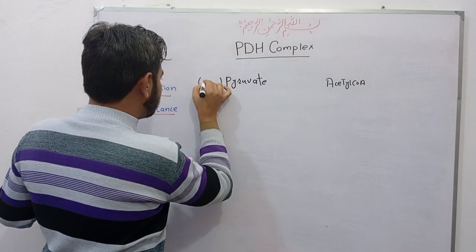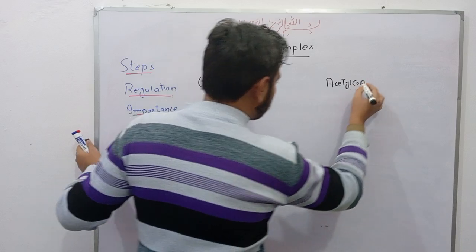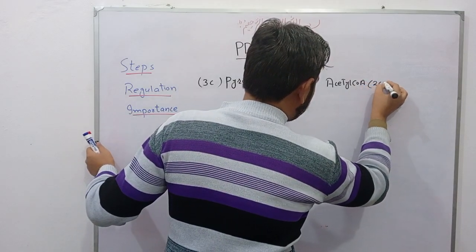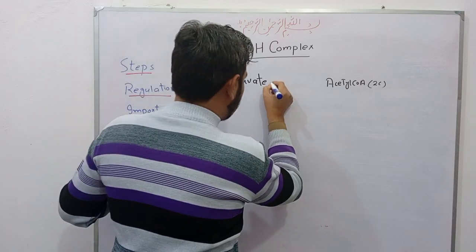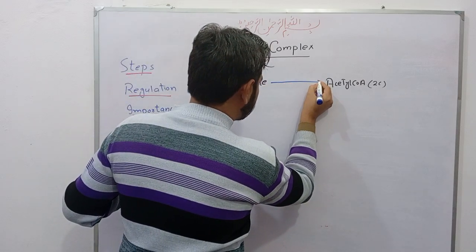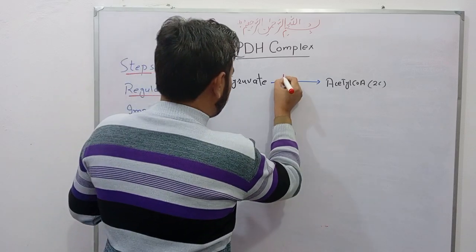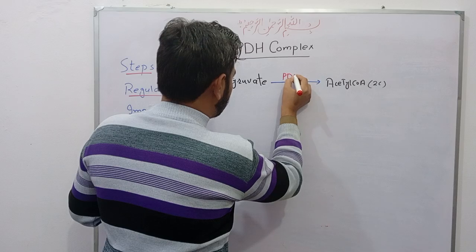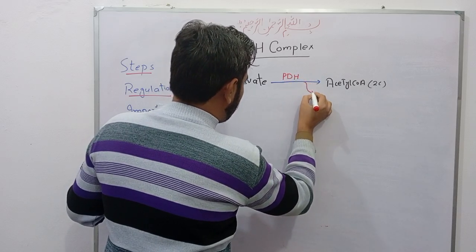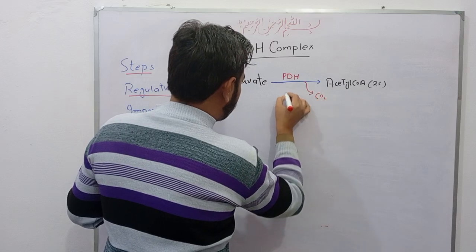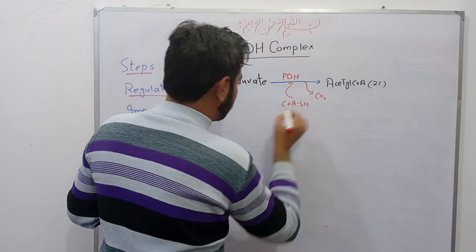Pyruvate is a 3 carbon atom containing compound, and acetyl CoA is a 2 carbon atom containing compound, and this conversion takes place with the help of pyruvate dehydrogenase enzyme, and there is a removal of carbon dioxide and incorporation of coenzyme A sulfhydryl group.